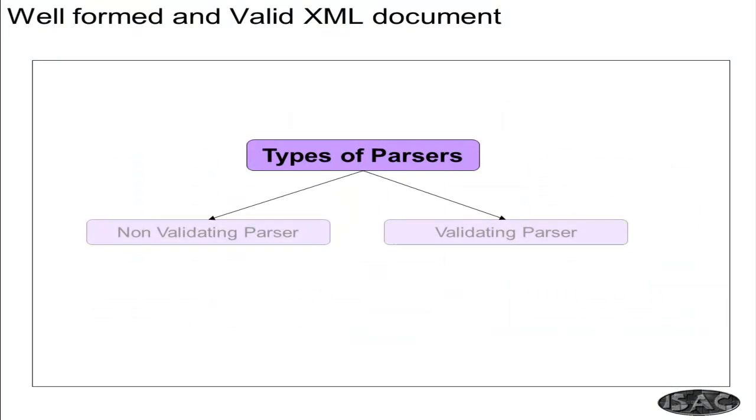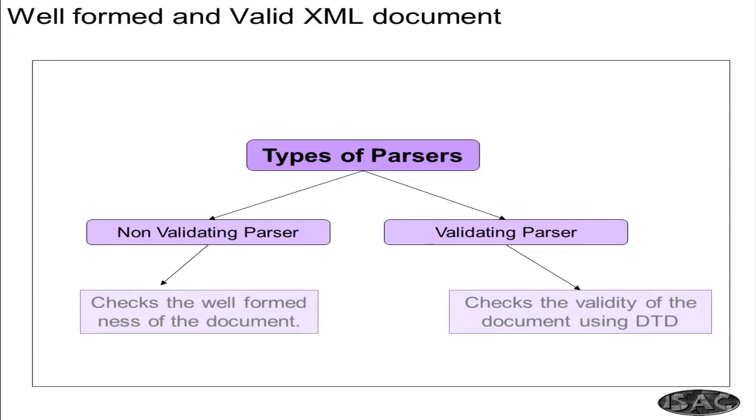Now what are the types of parser? There are two types of parser. One is called non-validating parser, other is called validating parser. Now in a validating parser, what happens is that it validates against the DTD. Okay, it validates against the DTD.